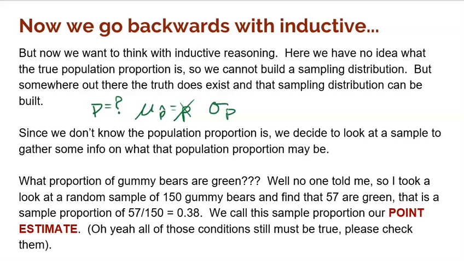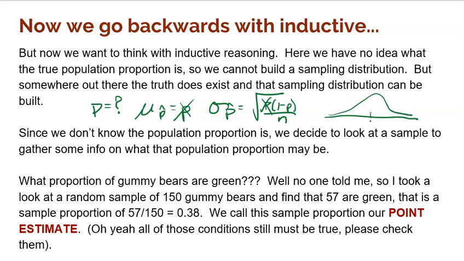The standard deviation of all the samples is the square root of p times 1 minus p, divided by the sample size. Well, we don't know what the truth is. So, man, we can't build a sampling distribution. But it's super important that you understand that the sampling distribution still exists. Just because we don't know the truth doesn't mean that the sampling distribution doesn't exist.